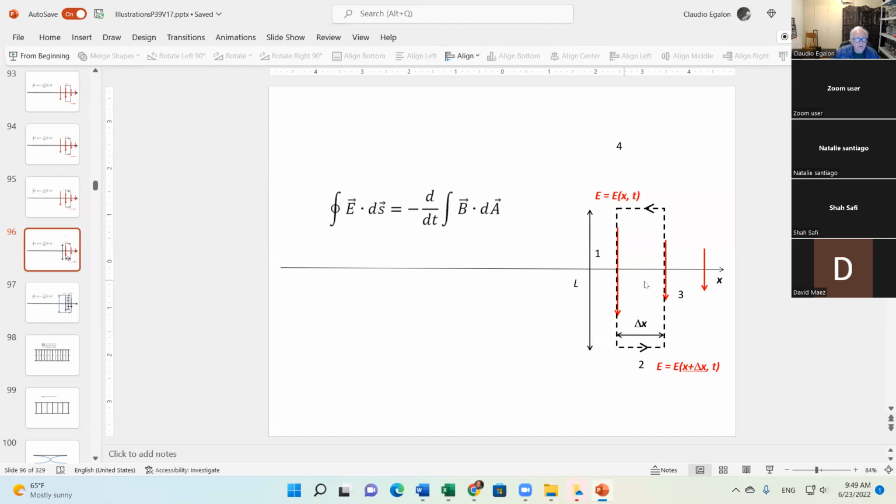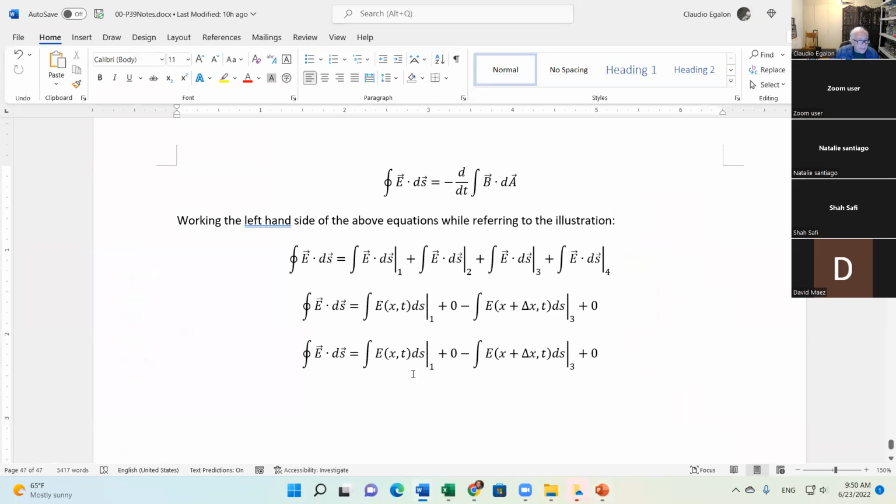Even though this electric field is greater than this electric field, the electric field at this point is the same as the electric field at this point, which is the same electric field at this point. Because of that, we can take out this electric field from inside the integrand. We do not need the path anymore.